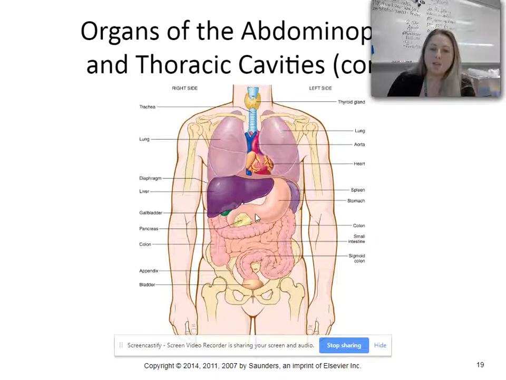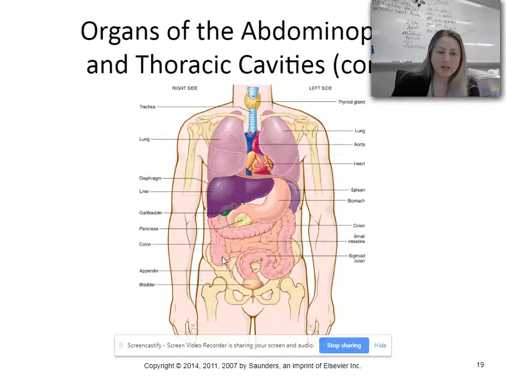So that's kind of tucked away behind the stomach, and this is the organ in your endocrine system that produces insulin and glucagon, but it also is part of your digestive system, and it releases pancreatic amylase, which breaks down carbohydrates. All right, we already talked about the colon.